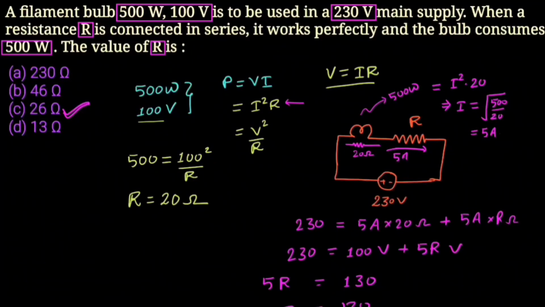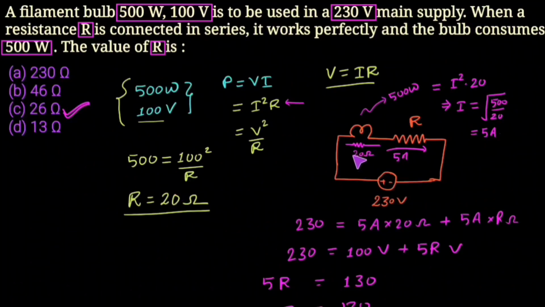Let me quickly revise this. Here the rating of bulb is given, that is it is of 500 watt at 100 volt. So we can simply apply the formula V square by R in order to find out the resistance of that filament bulb, which comes out to be 20 ohm.